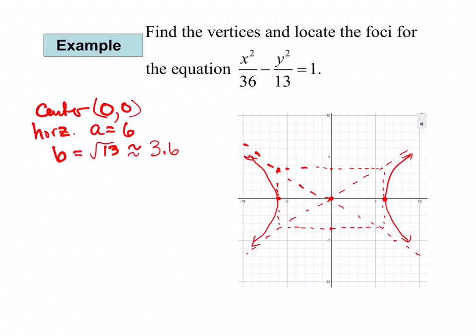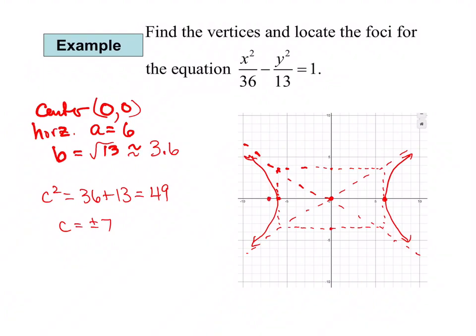And then the foci are the last thing, and that's c squared equals a squared plus b squared, which equals 49. So c is plus or minus 7.